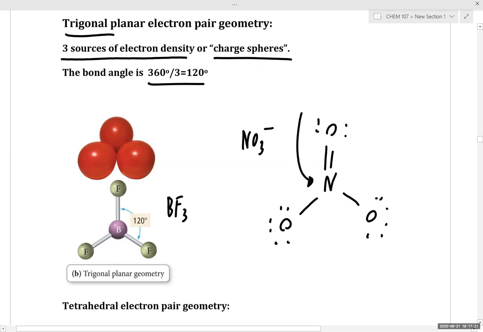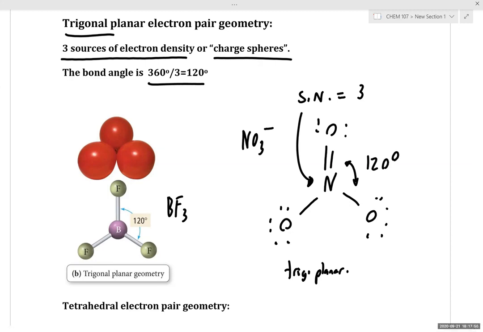How many bonded atoms do we have around nitrogen? 3. So we have a steric number, or a number of charged spheres, equal to 3. That's why we have a trigonal planar electron pair geometry, and that is why we have a bond angle of 120 degrees. Does that make sense to everyone?